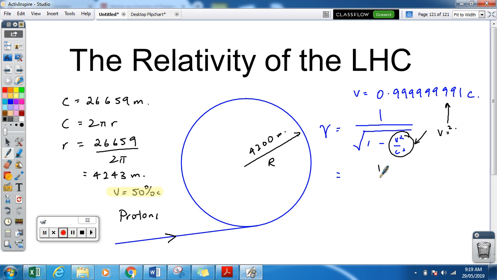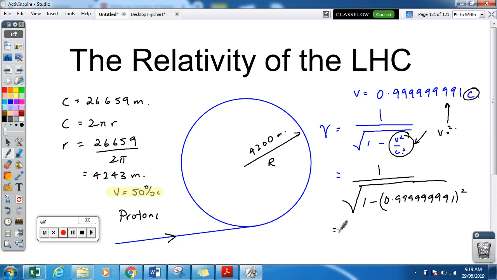So it will be 1 minus 0.999, there's eight of those nines, then a 1, that number squared. Okay, because this c up here and this c down here will cancel when squared.